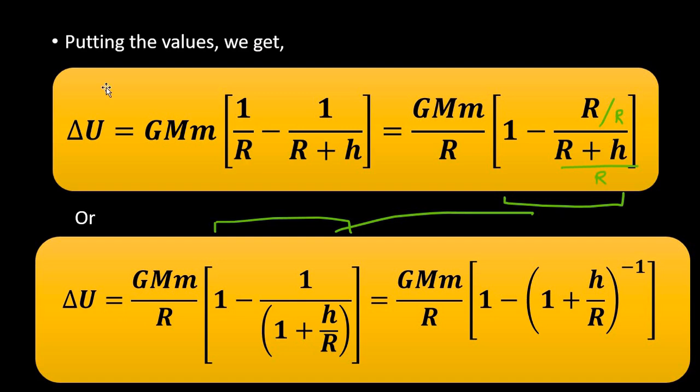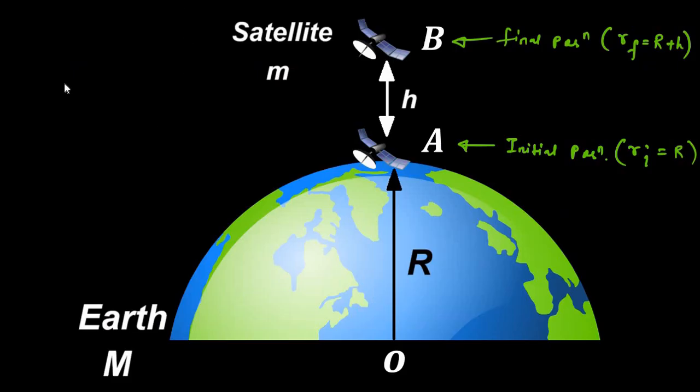Now the important thing to consider here is that the height h is very small in magnitude as compared to the radius of the earth.